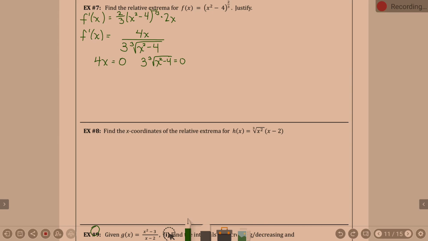The first thing I'm going to do is divide the 3 away. 0 divided by 3 means it's still going to be a 0. Then, since it's a cube root, how do you get rid of a cube root? You cube it. When you cube a cube root, you get whatever's under the cube. When you cube 0, you're going to get 0. So really, the part that matters is x squared minus 4 equals 0.